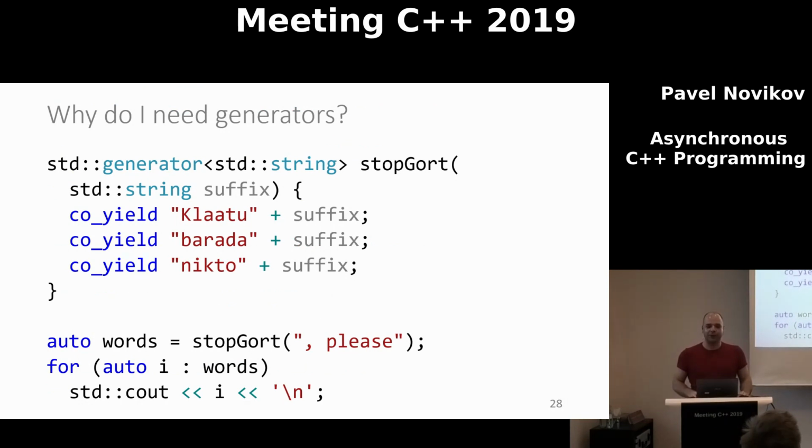Why do you need coroutines? Why do we need generators that are like a specific coroutine? Generators, between the co-yield, between returning results, save its state. You don't have to worry about state between calls.